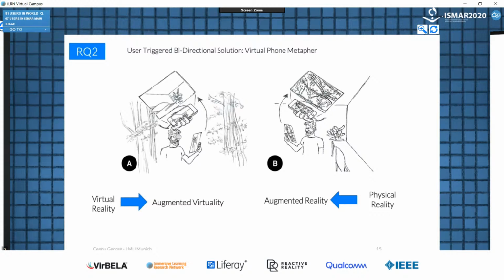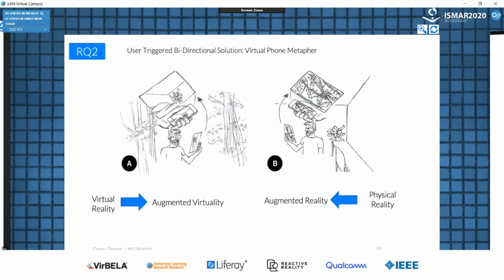However, introducing the mobile phone as a metaphor and as a tool to transition is interesting in the context of bidirectional transitions, as it takes something that users already use to transition into a form of virtual reality and leverages that understanding and the interactions that come with it to transition to our parallel environment that's running.